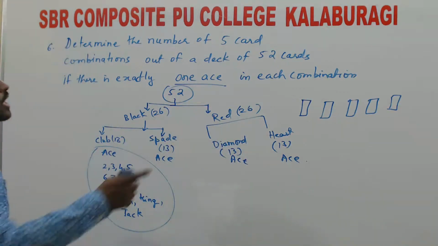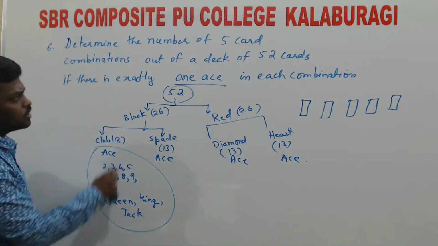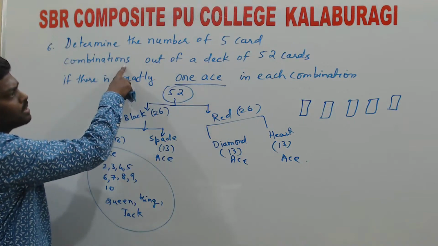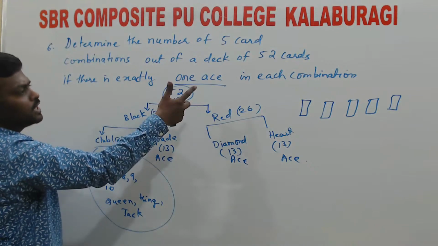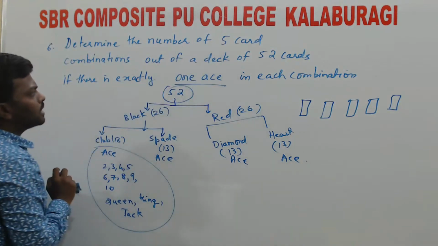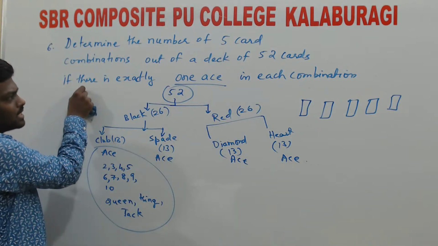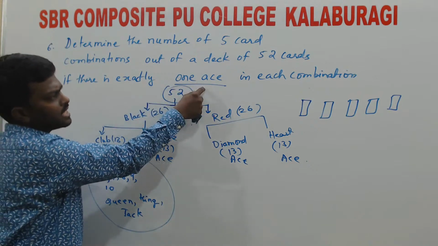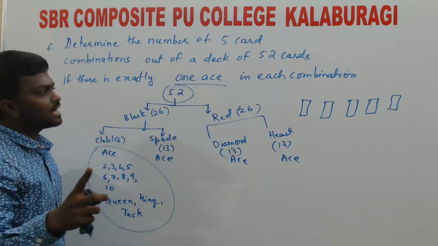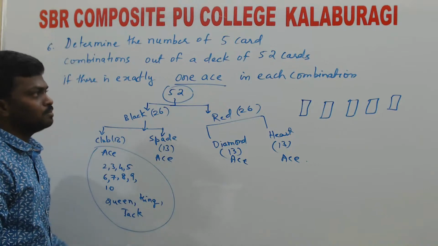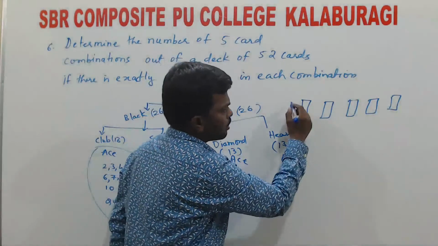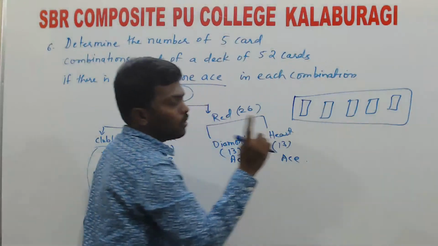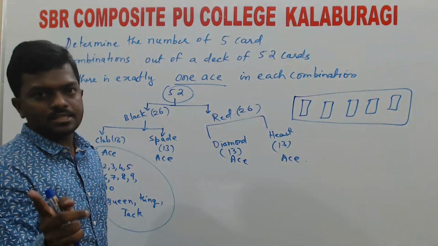So you have to make a 5 card combination out of a deck of 52 cards, with the condition that there is exactly one ace in each combination. So among the five, one must compulsorily be an ace.